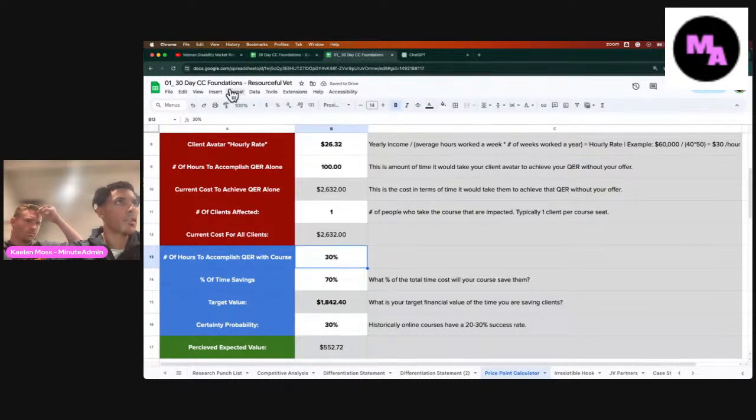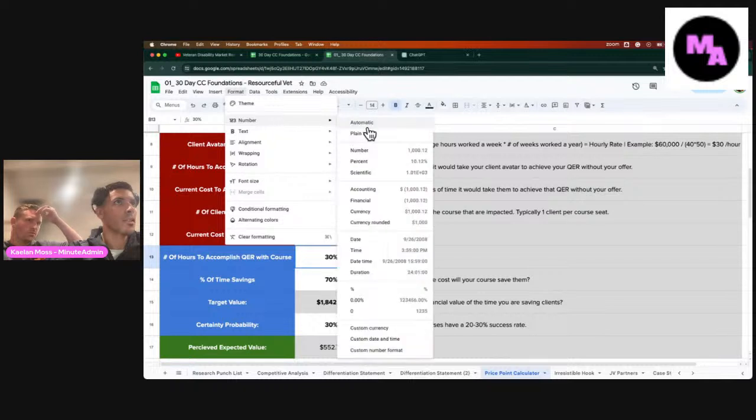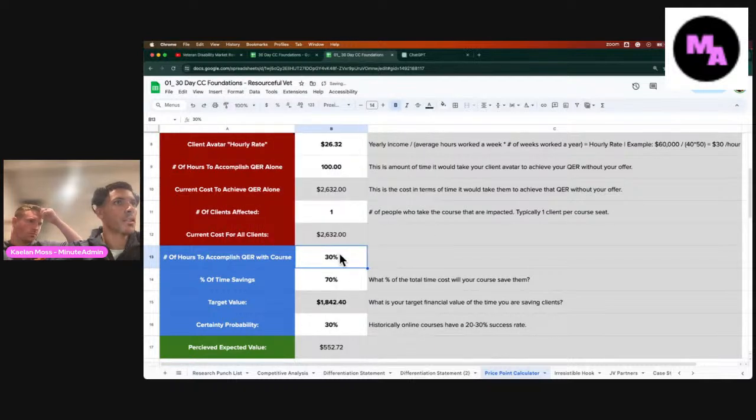Because the format needs to be just regular plain text. So this number needs to be equal to this cell divided by this cell.